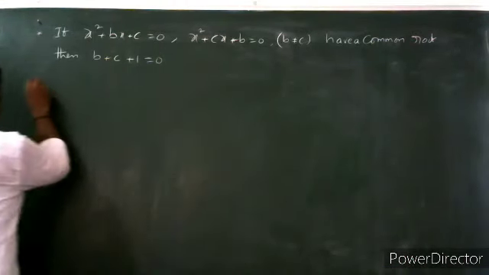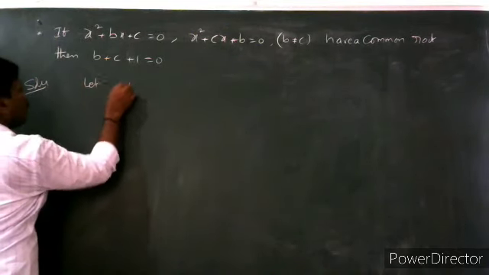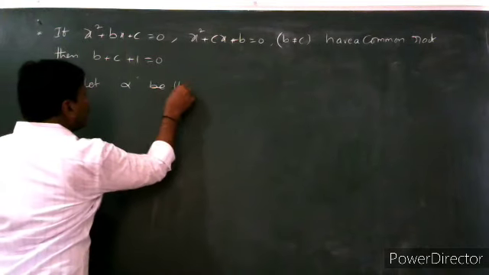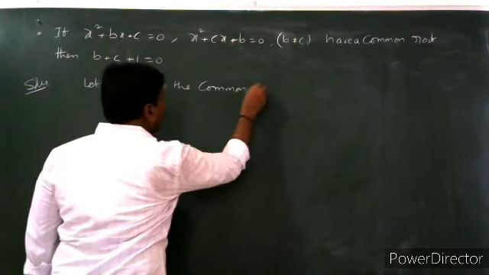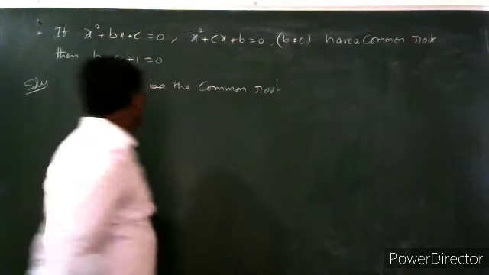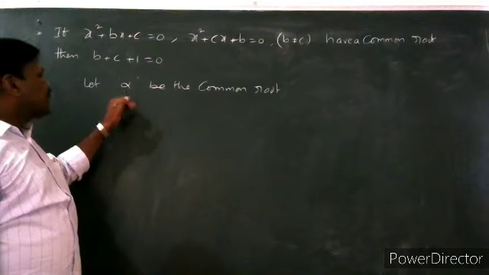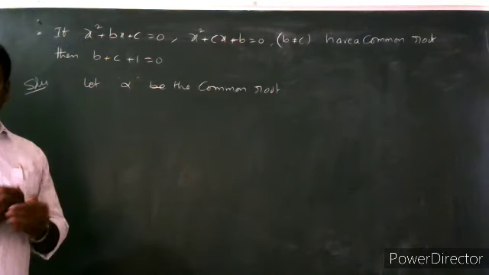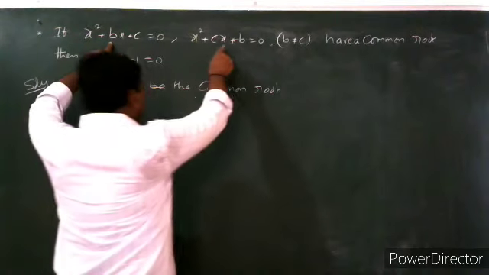So how can we solve this? Let alpha be the common root. If alpha is a root, that value satisfies the given equation. But here alpha is a common root of both equations.